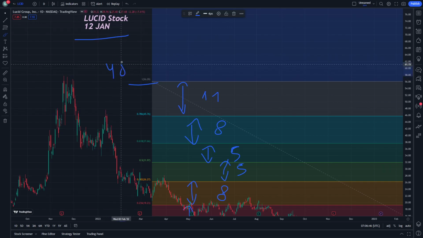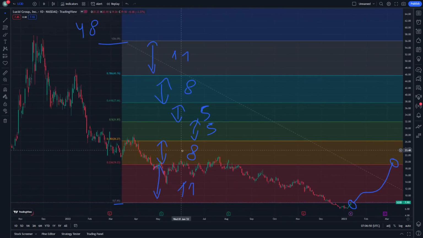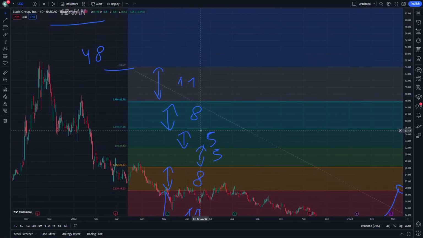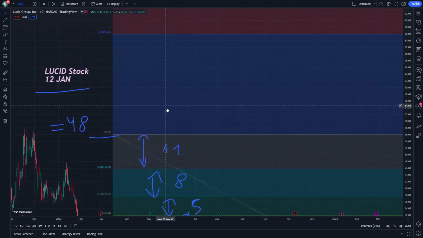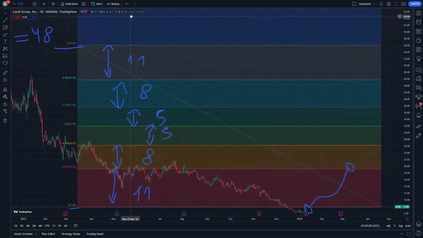So we can check here: 11 plus 11 gives you 22, and 8 gives you 30, 38, and 5 plus 5 gives you 48. That is absolutely the thing that we wanted to reach in all the ways that we wanted to explain.